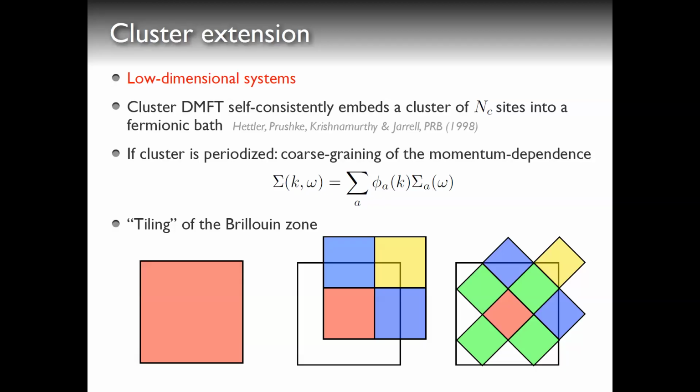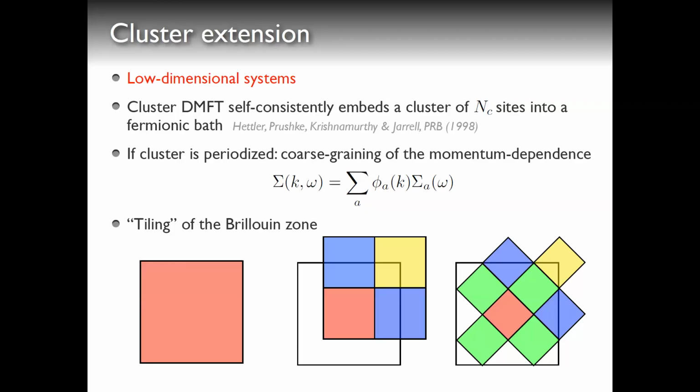and this corresponds to a coarse graining in momentum space. So the self-energy becomes piecewise constant in momentum space. In the single-site DMFT calculation, we have no momentum resolution, so the self-energy is completely flat in the Brillouin zone.